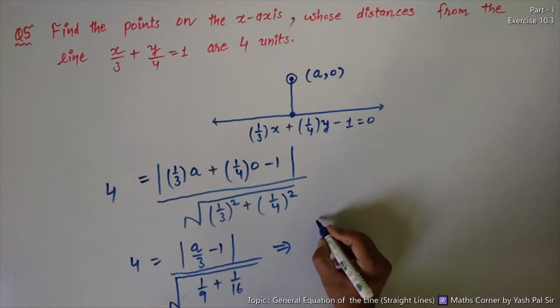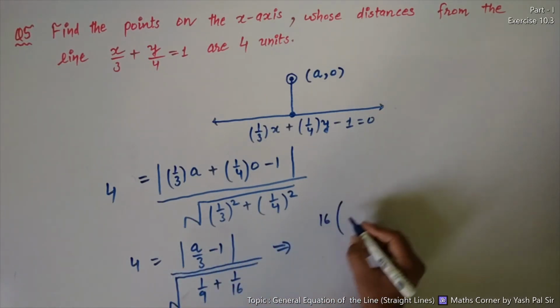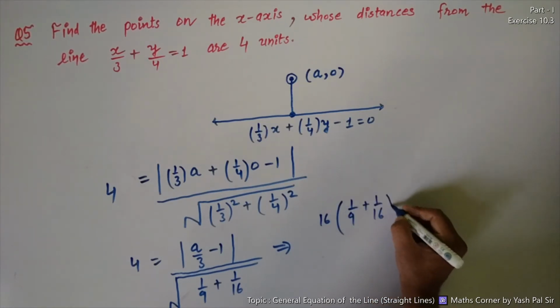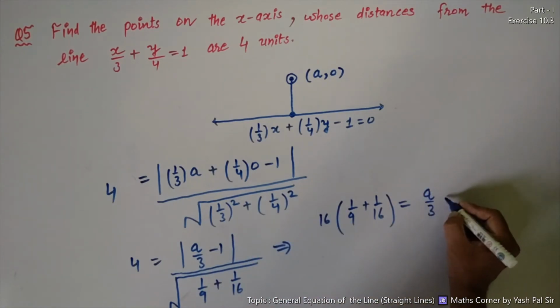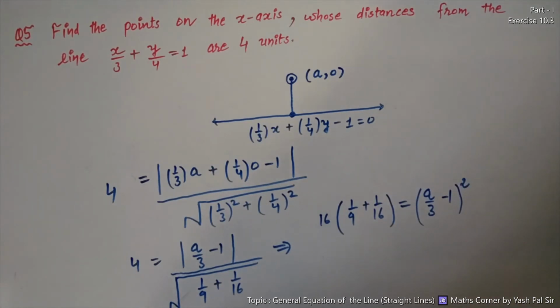So this means we can say, squaring both sides we write 4 into 4, 16 into 1 upon 9 plus 1 upon 16 is equal to a upon 3 minus 1, its whole square.